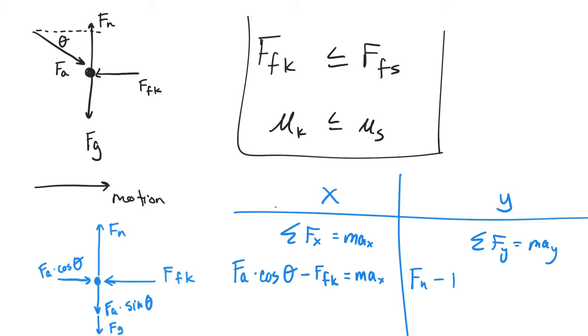I've got the weight of the object pulling down. And I've got the applied force acting down. And again, depending upon acceleration, I've got MAY or I don't have MAY. My diagram tells me everything. My free body diagram always tells me everything about the problem.